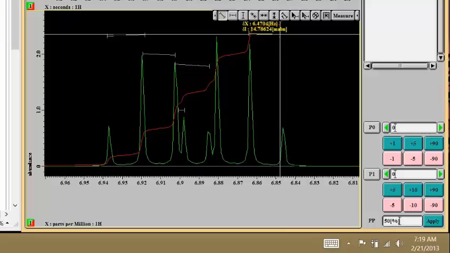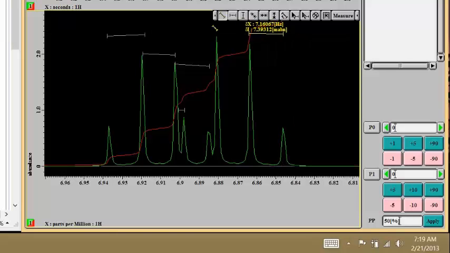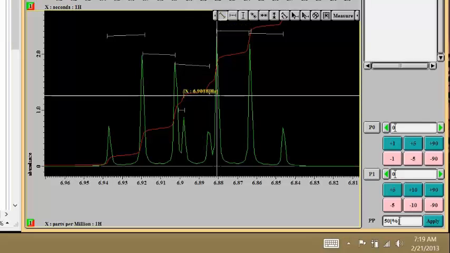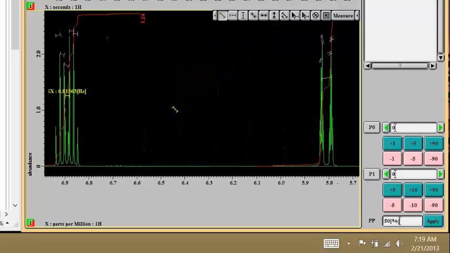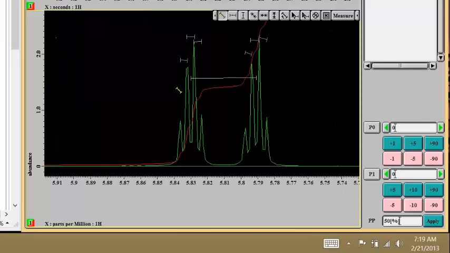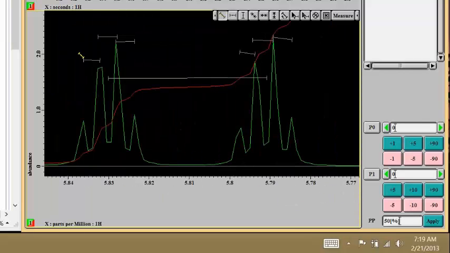Let's look at the second pattern. There's a 7 hertz. There's a 7 hertz, and again, there's around a 7 hertz. So that suggests here we have a 7 hertz coupling constant, whereas here, what were these again?